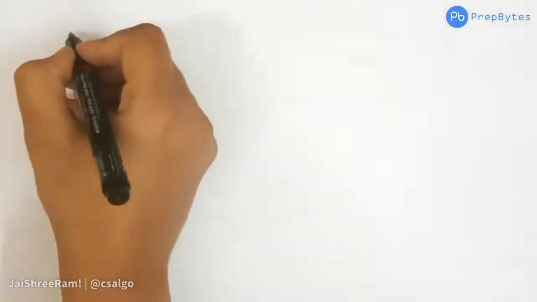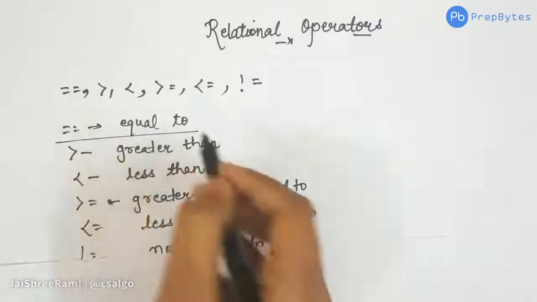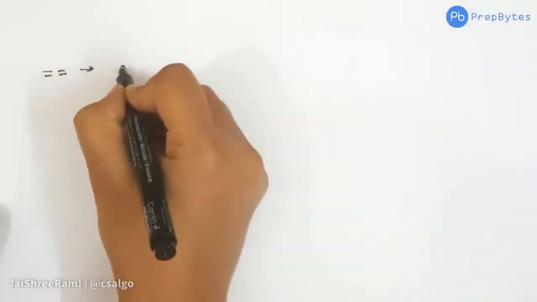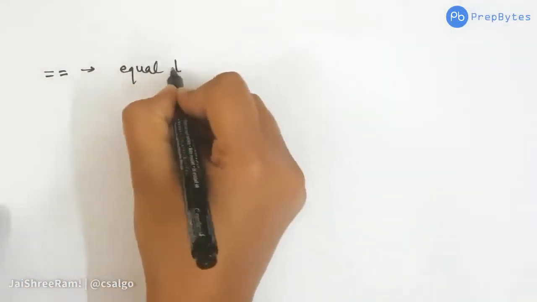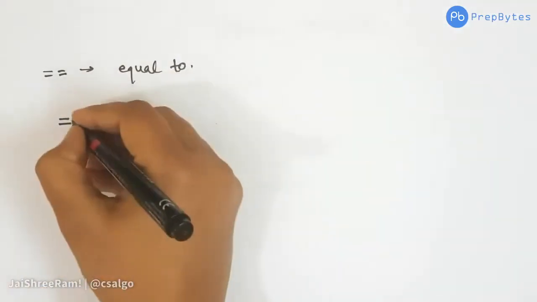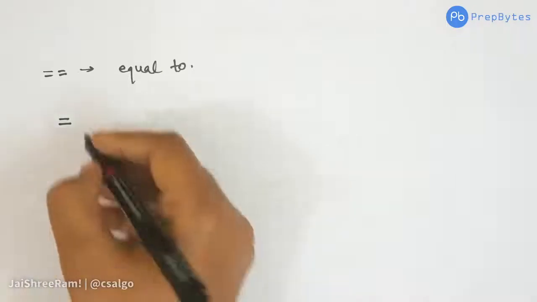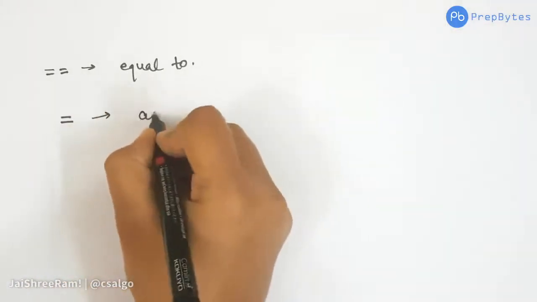So starting with equal to. Generally we use this equal to for comparing whether two variables are equal or not. But here this particular one is used as the assignment operator.